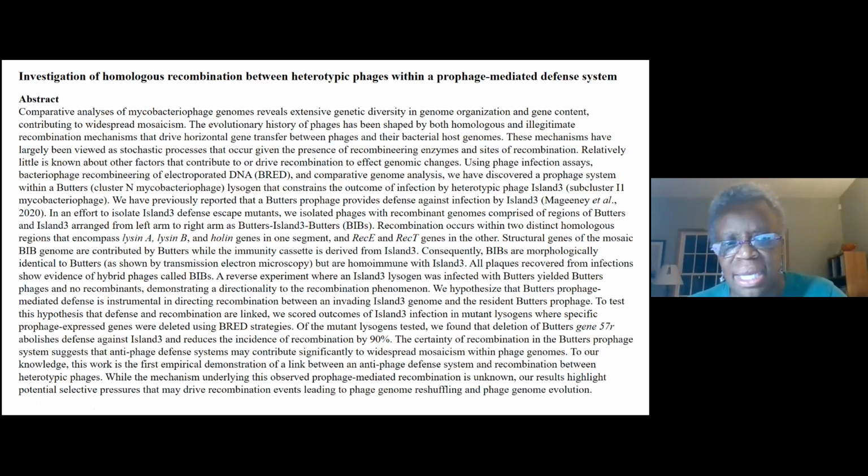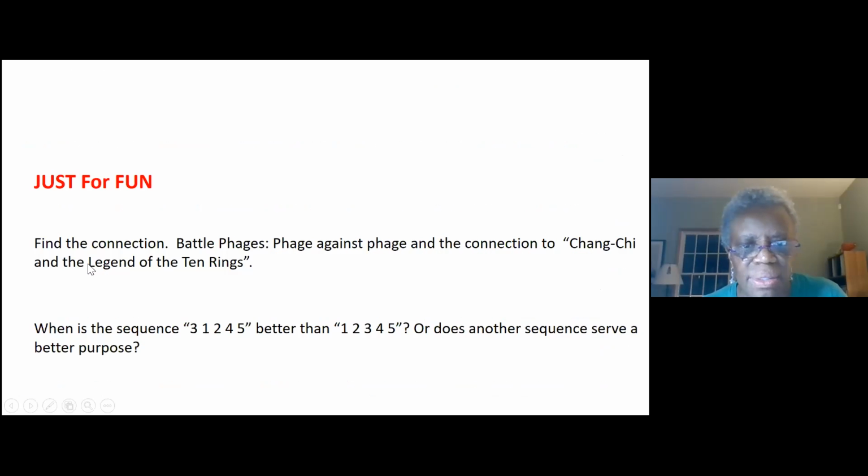But you see in the abstract, it really comes like a third of the way in. That's actually the first part of this story. So if I were telling this story the way that it really happened, I would start with our intentions of isolating mutants, but that didn't happen. And we then learned something about this whole process of creating hybrid phages.